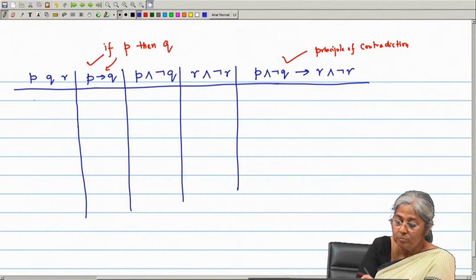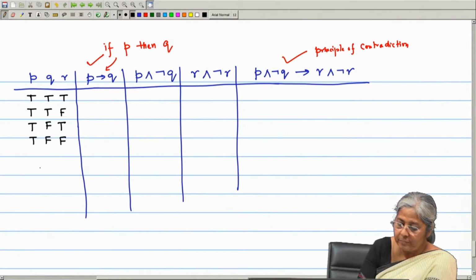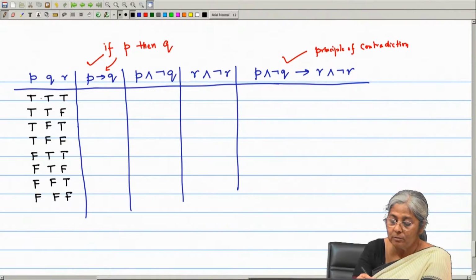We take all the possible truth values of P, Q, R. So, we take T, T, T, T, F, T, F, T and T, F, F. Then F, T, T, F, T, F, F, F, T and F, F, F. So, what is P implies Q?